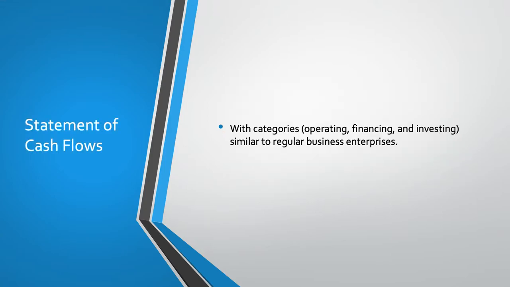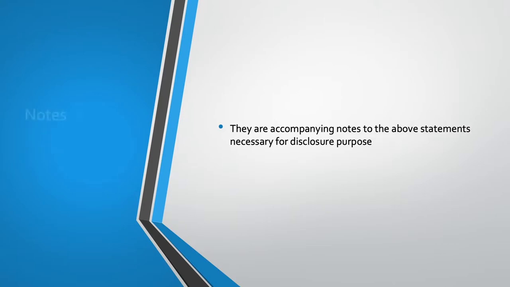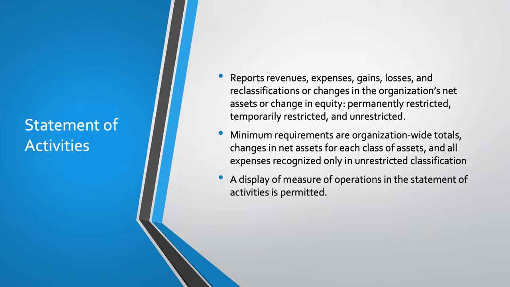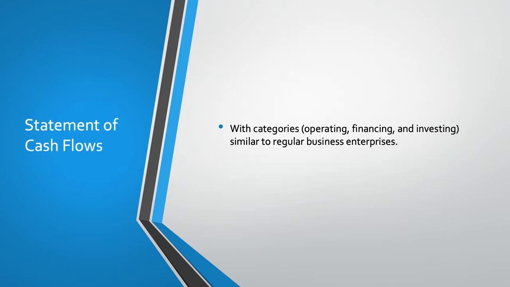For the statement of cash flows, the categories are operating, financing, and investing, similar to a regular business enterprise. I assume you already know what a statement of cash flows is. And then the notes to financial statements are accompanying notes to the above statements, necessary for disclosure purposes. They contain all the explanations of the financial statements previously discussed: the statement of financial position, statement of activities, and statement of cash flows.